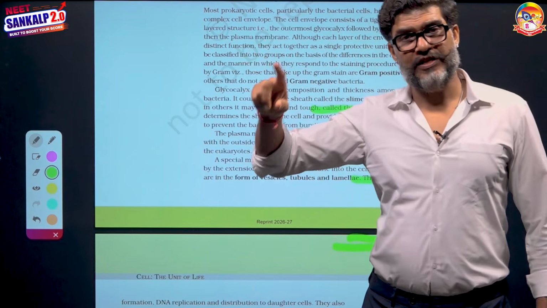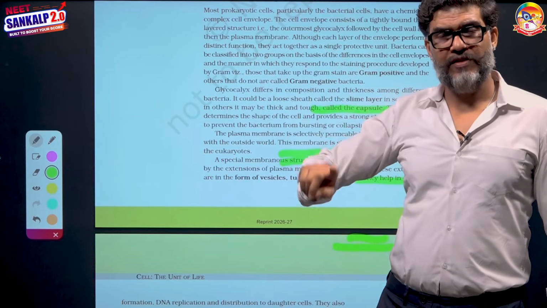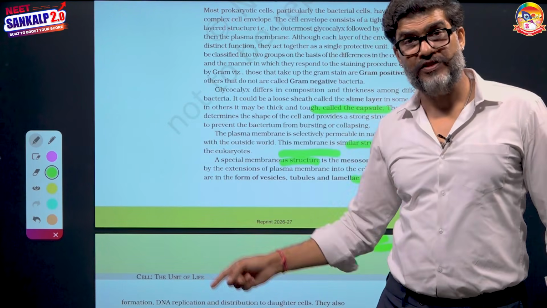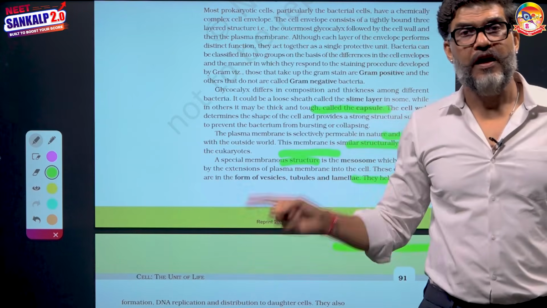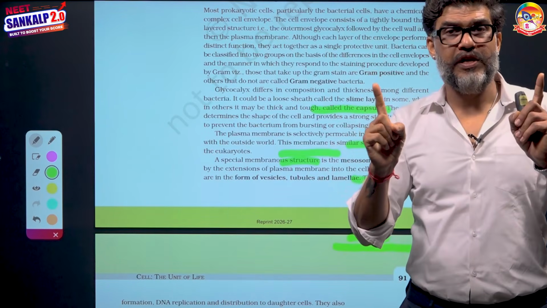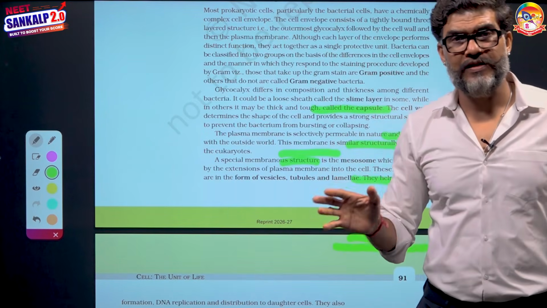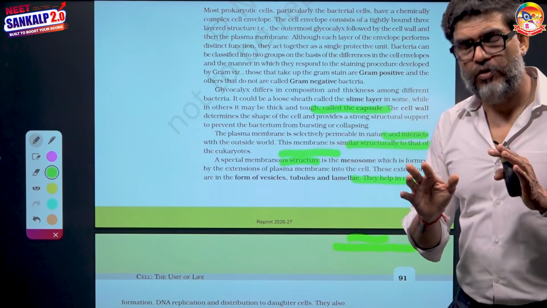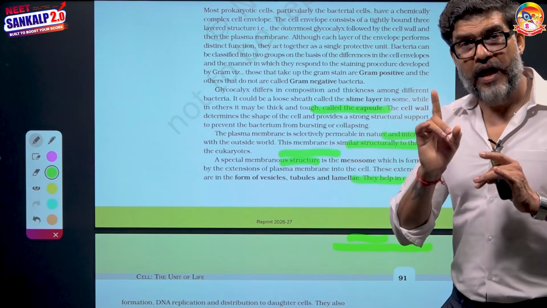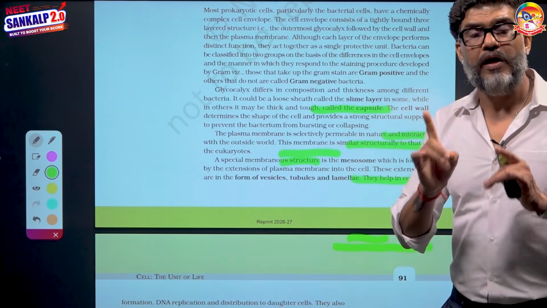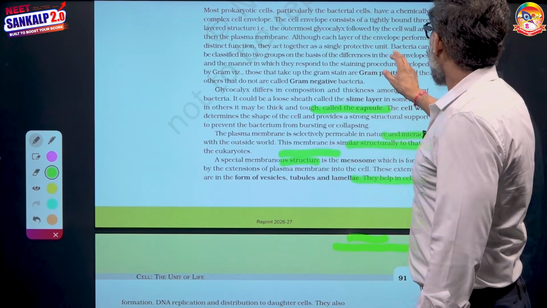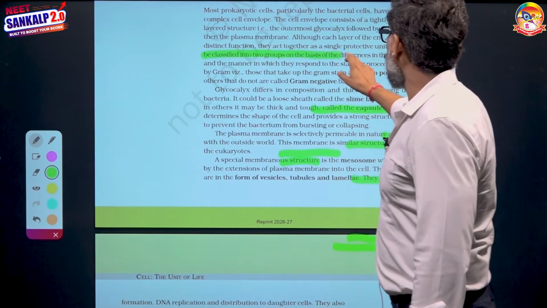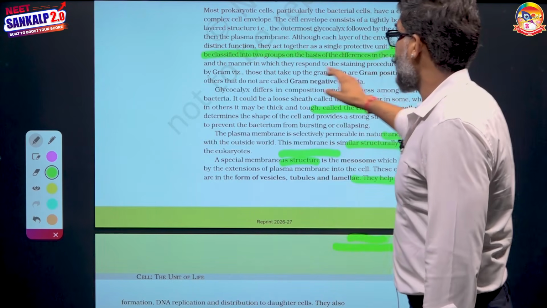It means glycocalyx will perform one function, cell wall will perform another function, plasma membrane will perform another function, but these 3 different functions are associated with one objective, and that is protection. So the entire cell envelope consists of 3 distinct layers with a common objective or goal, and what is that? Protection.